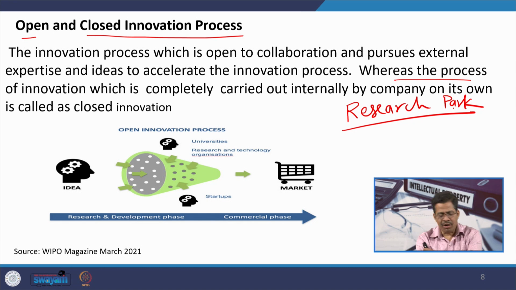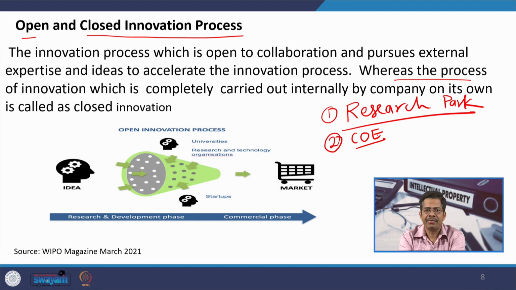These research park concepts are basically to promote open innovation, and a good number of corporates are showing interest in the research park. Then another important example is COE, Centers of Excellence. For example, ISRO in our country, DRDO in our country.